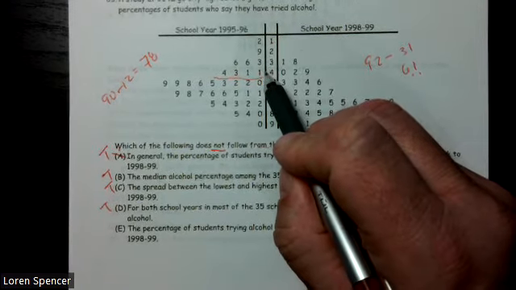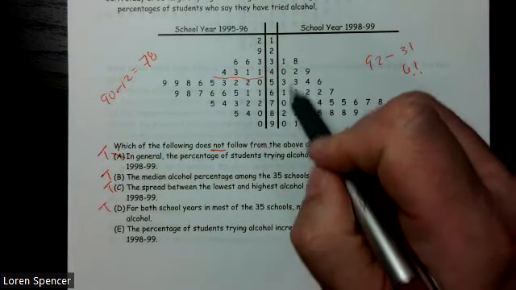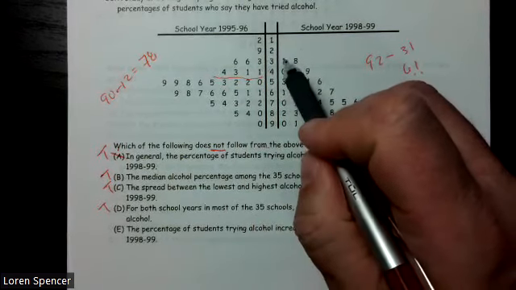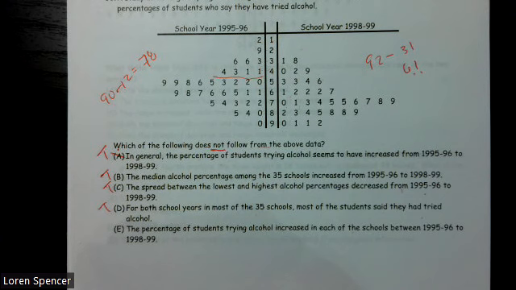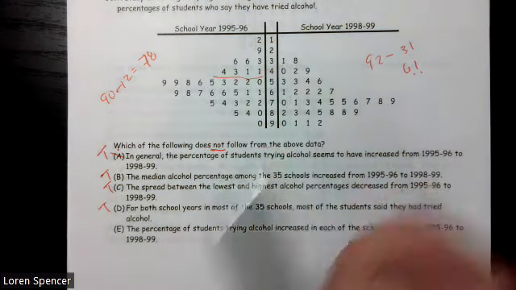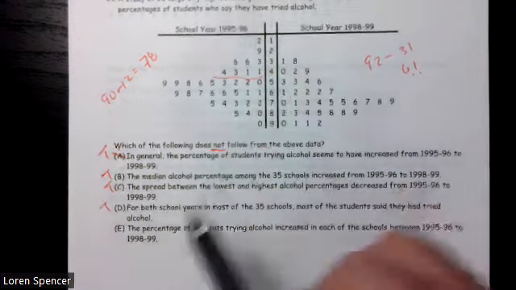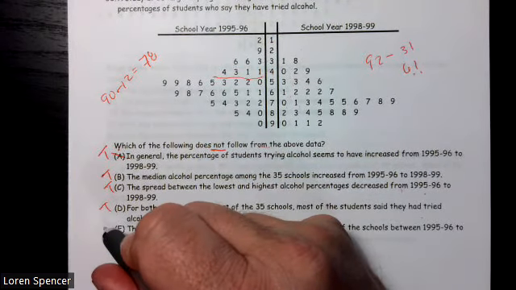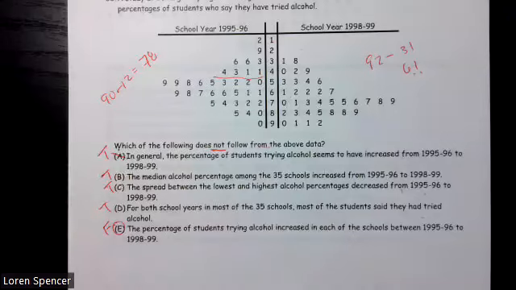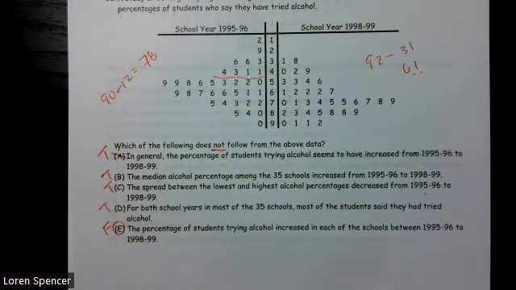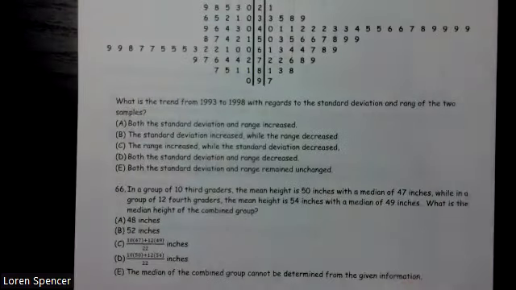I know that they were at 41 here, but I don't know where they are here. So it's possible that somebody went down, that not everybody went up. I know that in general we went up, but I don't know about any individual school. This statement is false because I don't know how the individual school changed.